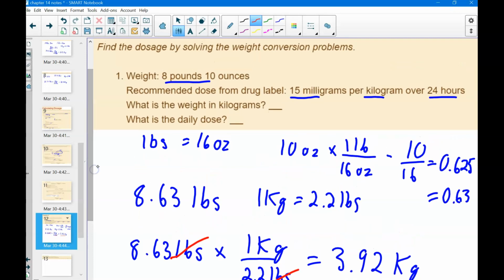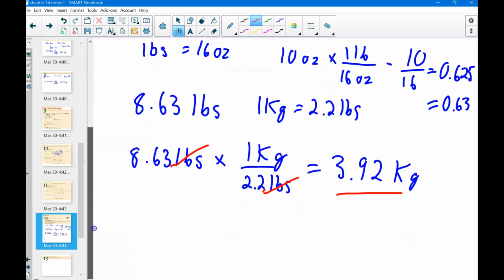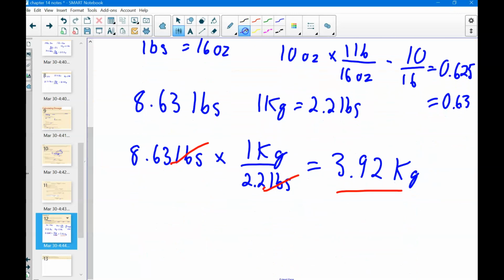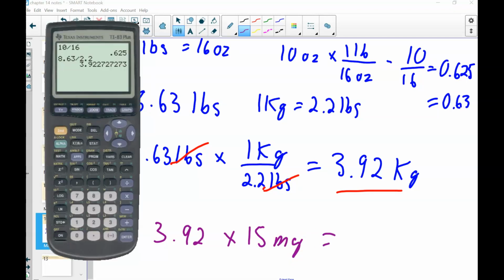We get 15 milligrams per kilogram. So we'll take our 15 milligrams, and we get 3.92 times 15, 58.84.